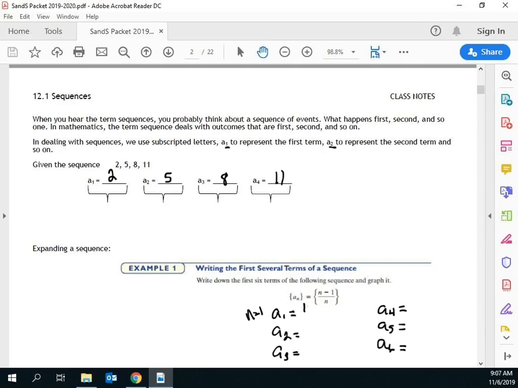So we plug it in, 1 minus 1 divided by 1. Well, that's 0 over 1, which is equal to 0. A sub 2 is N equals 2. So you plug it in. 2 minus 1 over 2, which gives us 1/2.